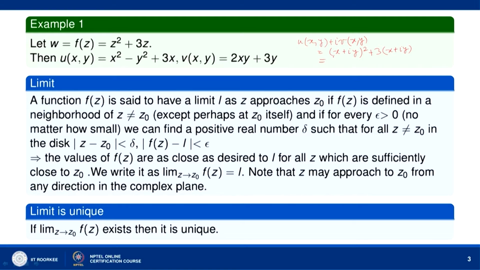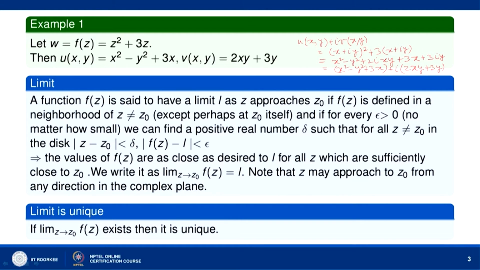Now, using i square equal to minus 1, we have x square minus y square plus 2ixy plus 3x plus 3iy, and so we can write it as x square minus y square plus 3x plus i times (2xy plus 3y).